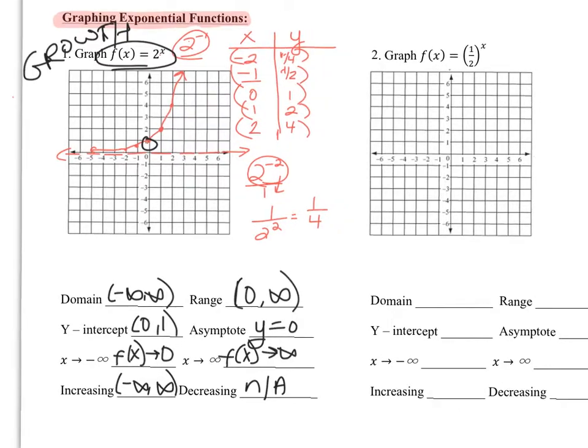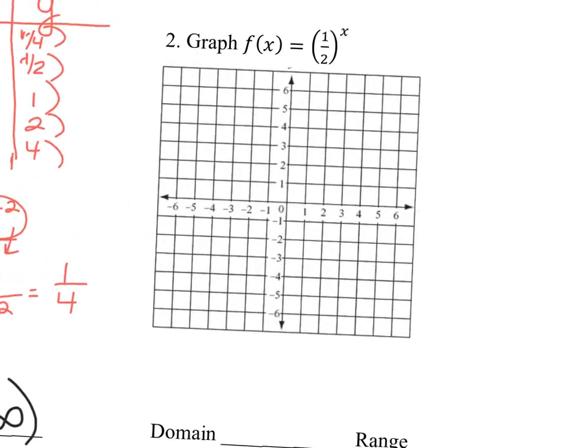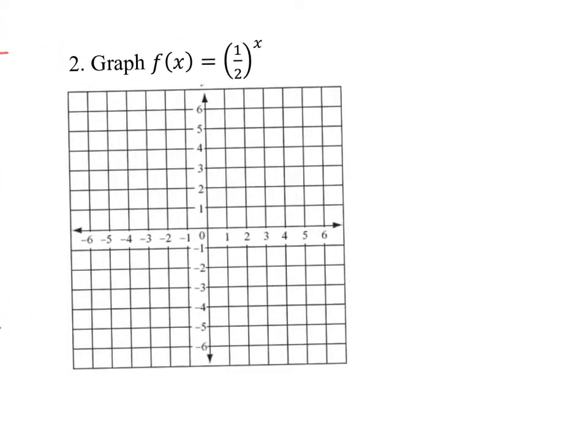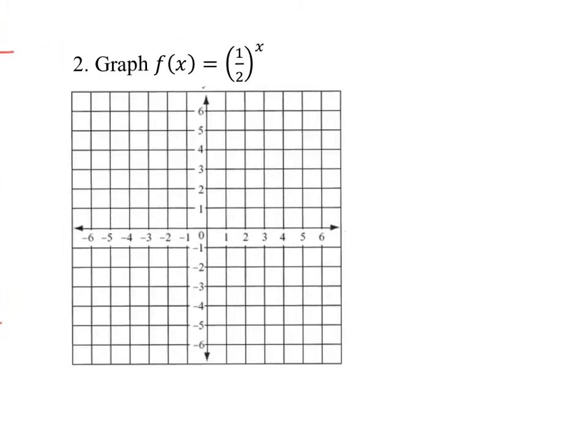All right, so now let's go ahead and look at this one. I'll zoom in to graph and then I'll zoom out. So again, I'm going to make my table of values, my x value, my y value. I'm going to pick the same x values because it makes it easier. I always start with 0 until I get good at this. Soon you won't need to draw this table, but if you have to draw this table every time to make sure, that's totally cool.